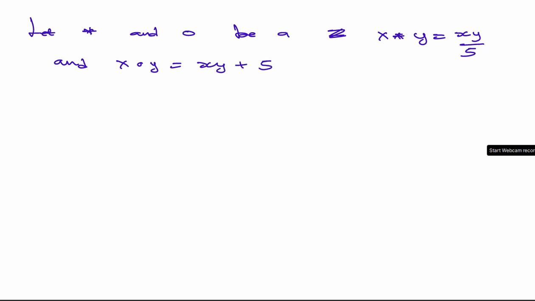Okay, so the first question is, is star distributive over circle?